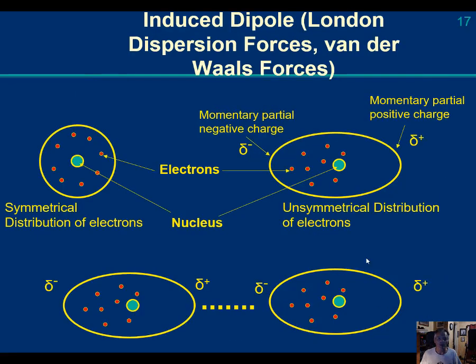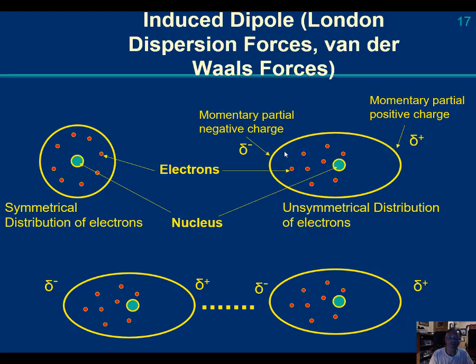So let's take a look at induced dipole, also known as London dispersion forces. From quantum mechanics, you know that electrons, here's the nucleus of a molecule or an atom, you know that electrons never stop. They have this wave behavior, they're in constant motion, and so it makes sense that you could have, and now we're thinking of electrons as particles, predominantly more of them on one side of a molecule or an atom than on the other.